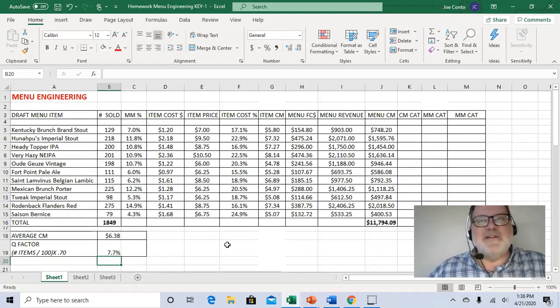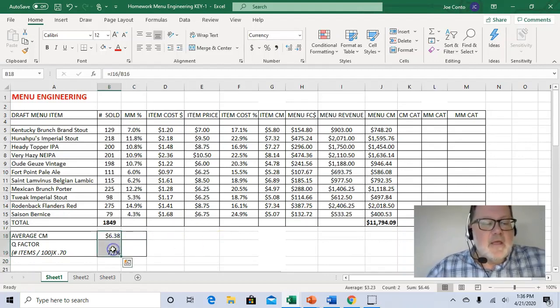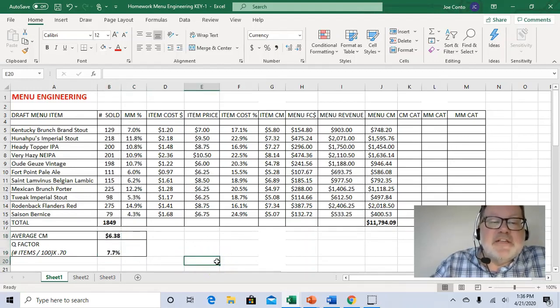The average popularity of something, the Q factor of something with 11 choices on a menu is 7.7%. So let's think about that as well. We have 2 new pieces of information here, right? That our average contribution margin is $6.38, and our average Q factor is 7.7%.